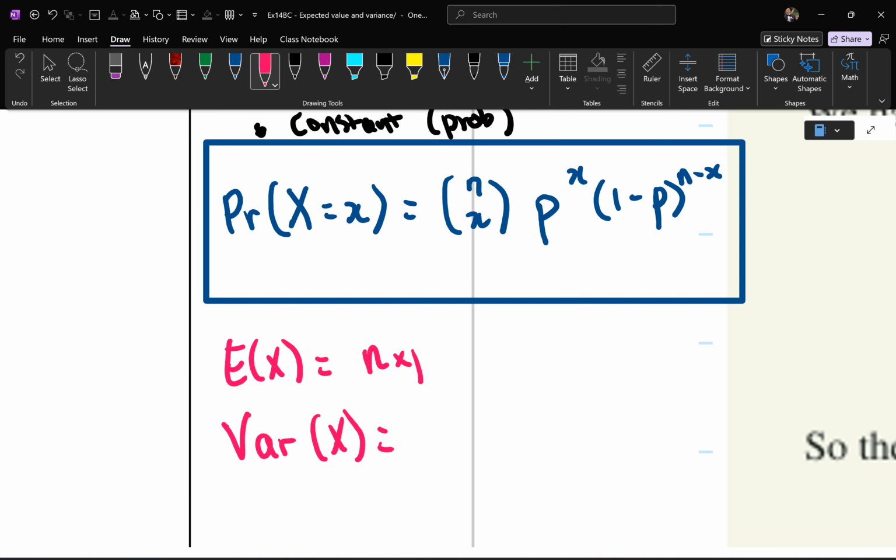np. N times p. If you had 10 trials flipping a coin, and you know the chance of getting tails is 50%, then I expect out of the 10 times, half, or 10 times 50%, 5 of them should be tails. That's my expectation. In the long run, my mean is the number of trials times the probability of success.